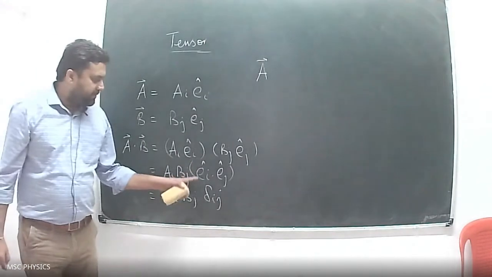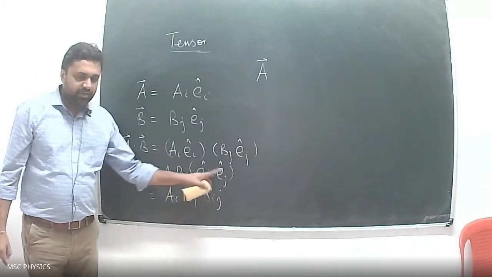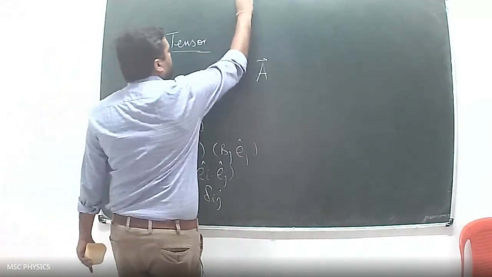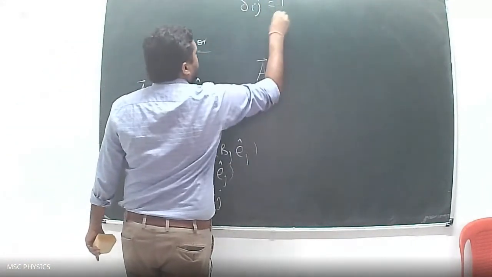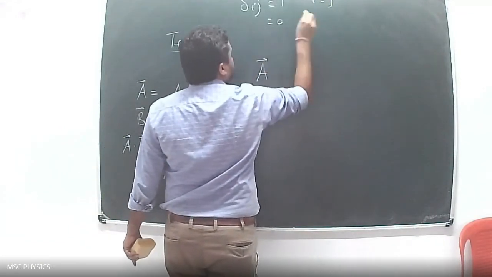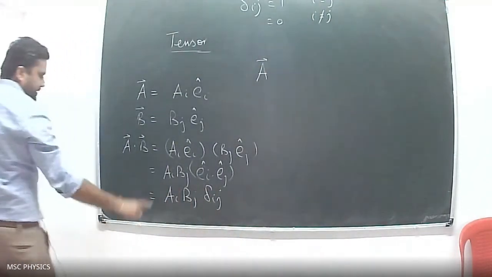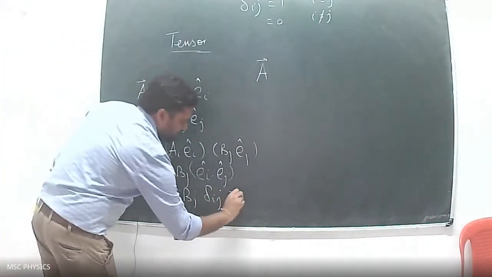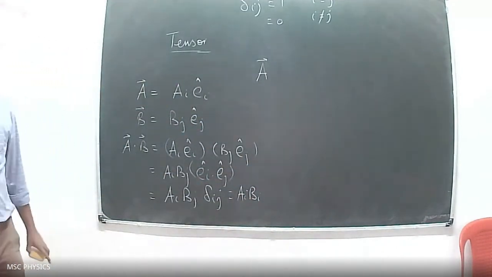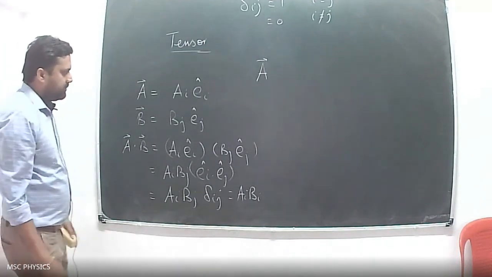If it is i dot i, it will give you 1. If it is i dot j, it will give you 0. That's the property of the Kronecker delta function: delta ij is 1 when i equals j, and 0 when i is not equal to j. So I get Ai Bi, the same result I obtained from multiplying component-wise.